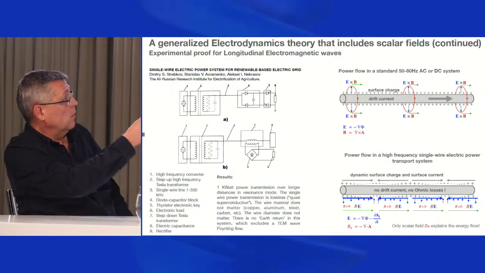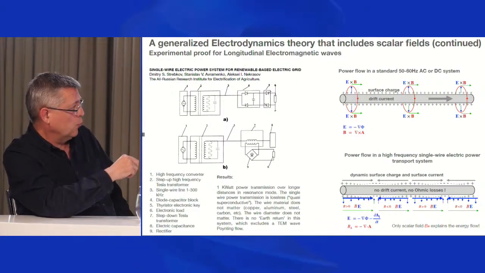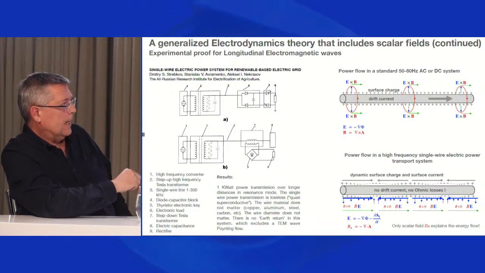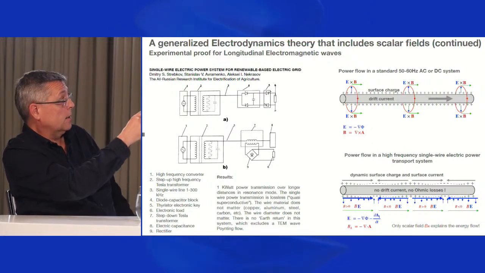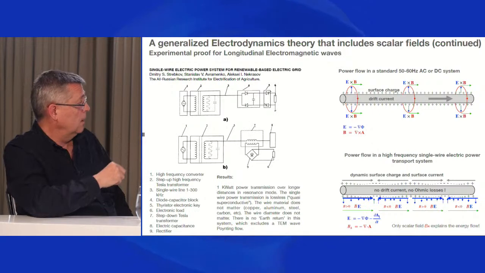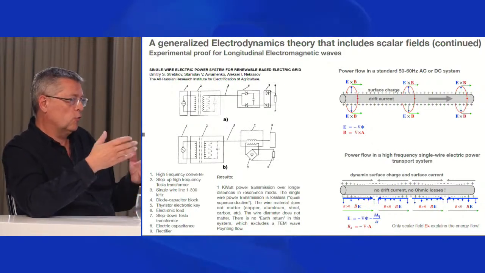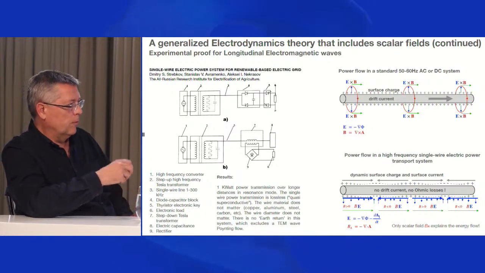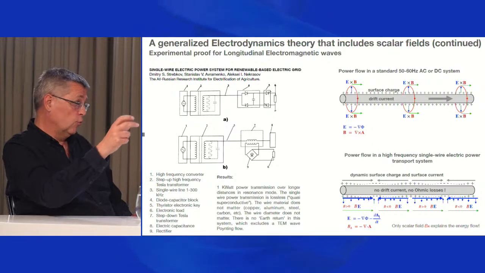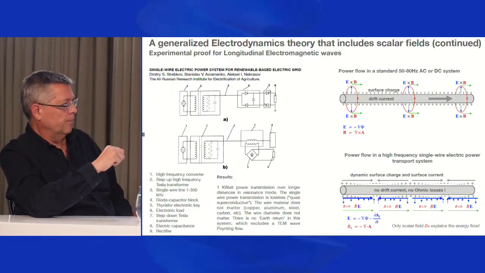But now we go to the physical situation for the single wire transport. And because the frequencies are much higher in this system, we have almost no drift current. That's also called the skin effect, that we have no drift current left in the copper wire. But we have much more dynamical surface charges in this system.